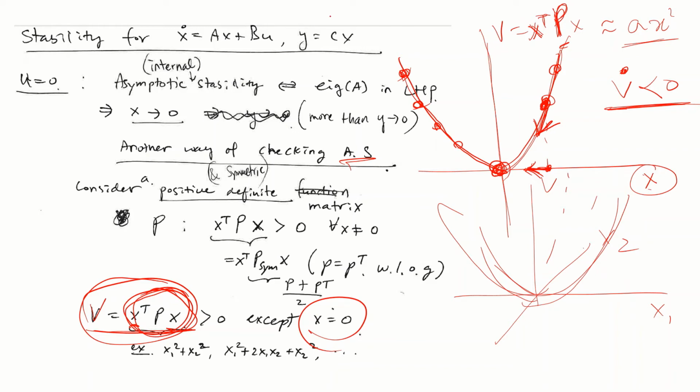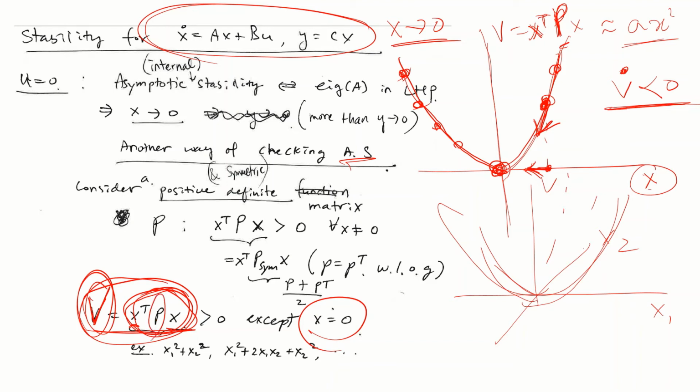So now we are given this linear model. Now we want to see whether x goes to 0. We want to see this convergence through this V. We are going to call this V the Lyapunov candidate function later. But now this is nothing but just a function which involves a positive definite matrix. Because P is positive definite, this V is always positive, except for the case where x is equal to 0.